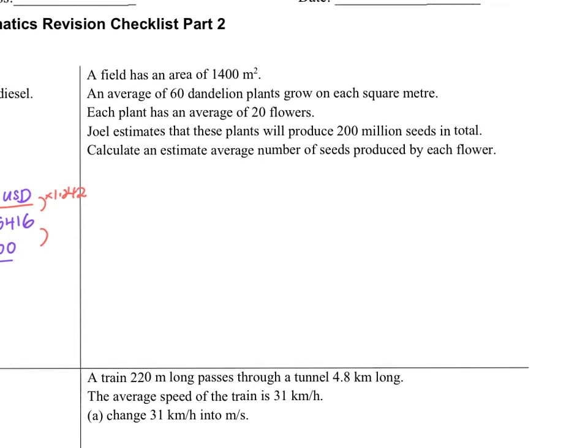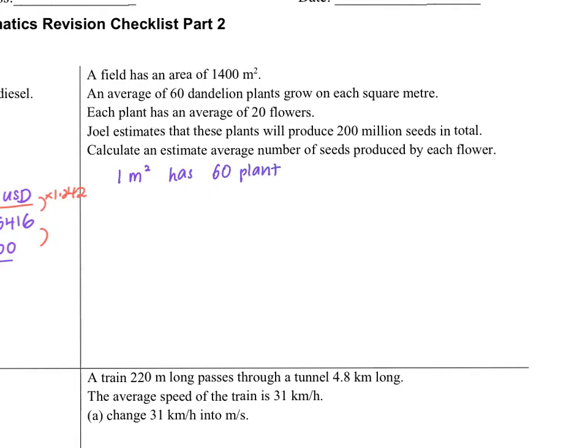Now, in this question, a field has an area of 1,400 square metres. An average of 60 dandelion plants grows on each square metre. So 1 square metre has 60 plants.